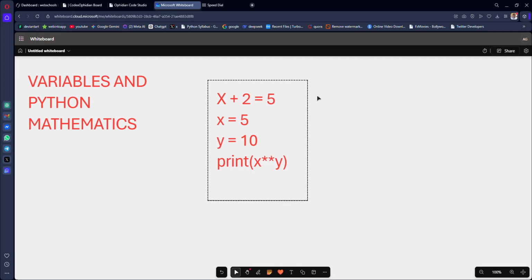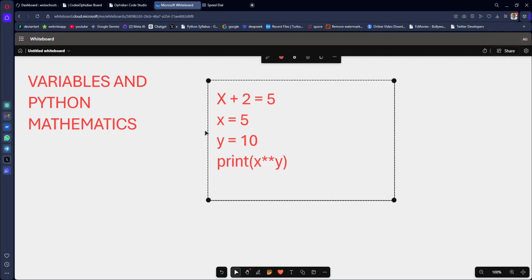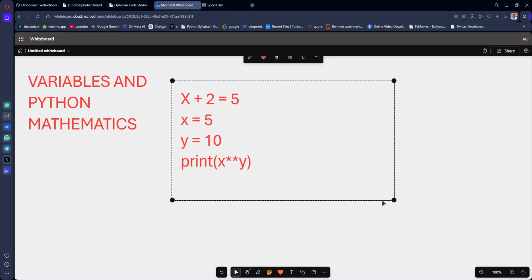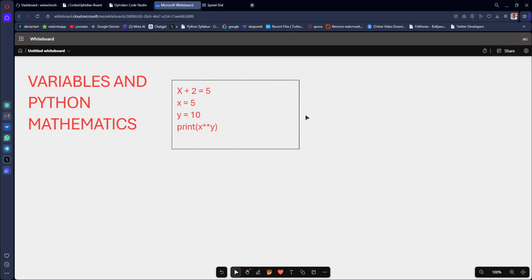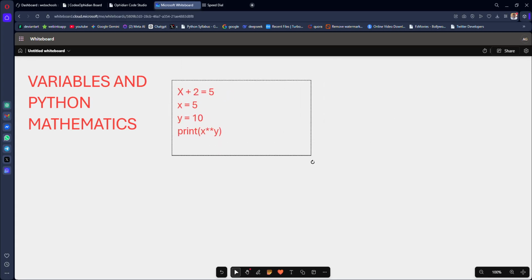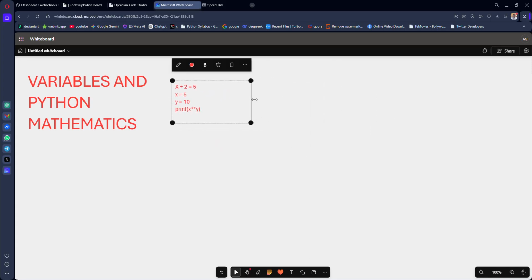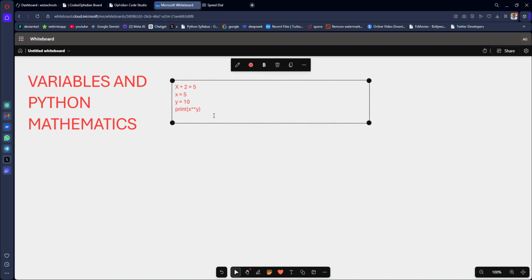Let's see if we can take it even further. Let's reduce the font here so that we can do more. Okay. So now we move to the next one, and we want to reduce something or cut something down by division.